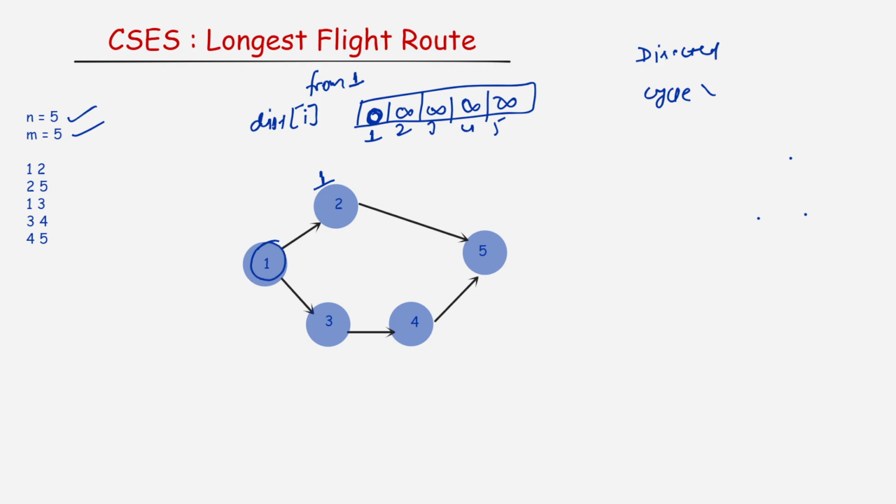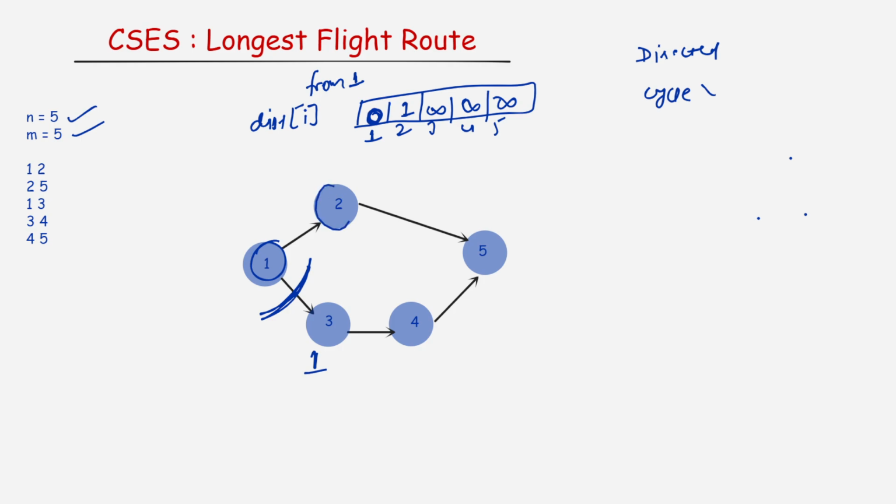From node 1, the answer for 2 is 1. So distance is 1. What would be the distance for 3? As you know all of its ancestors, you can say distance is 1.